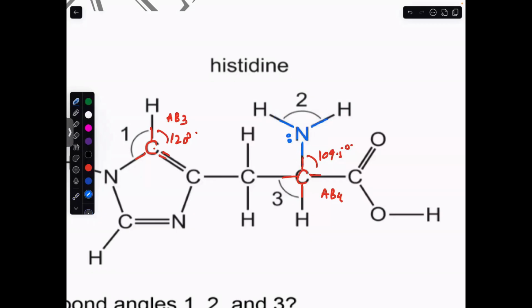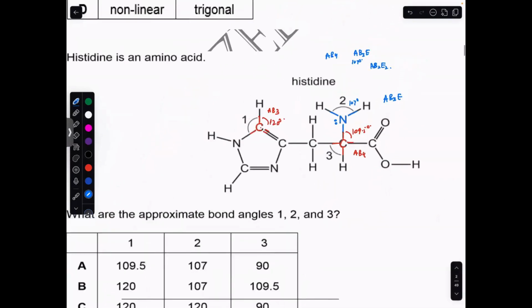There is a lone pair. So if it is AB3E, you know this. Like if it is AB4, it is 109.5, AB3E 107, AB2E2 104.5. So it's 107. Like you can apply this on anyone's.